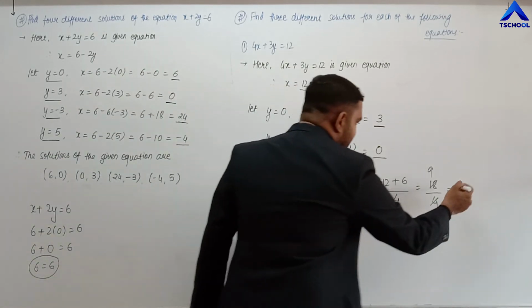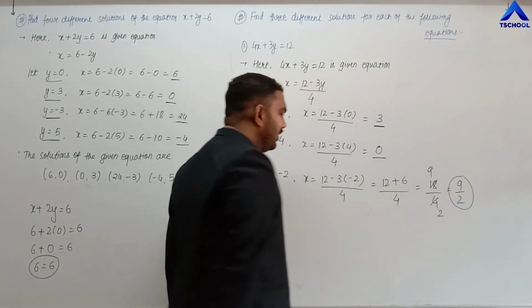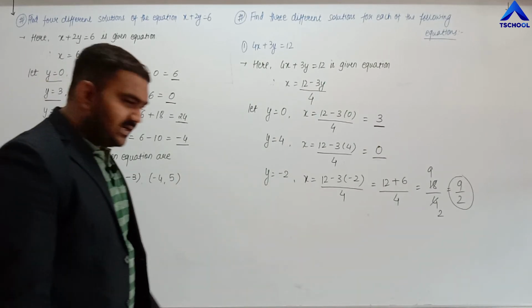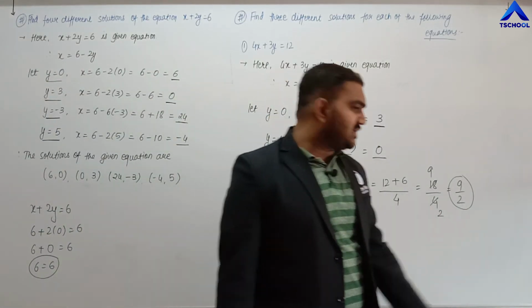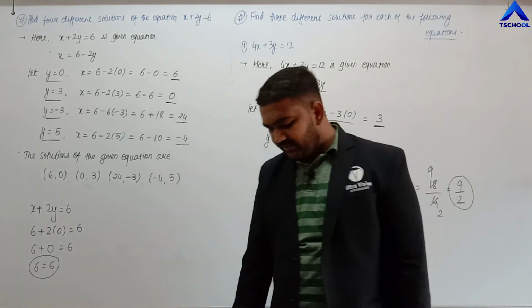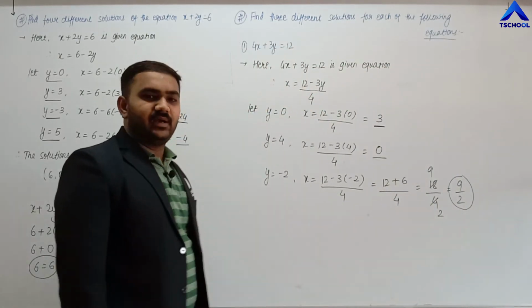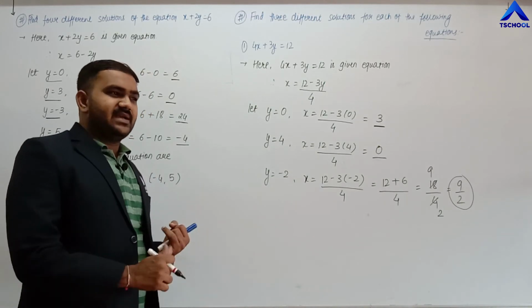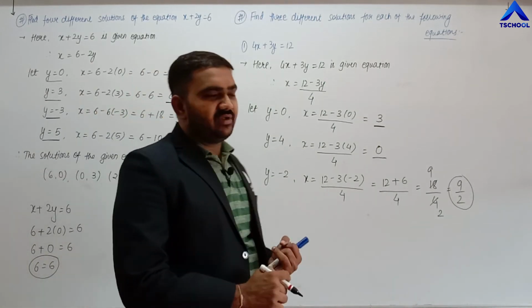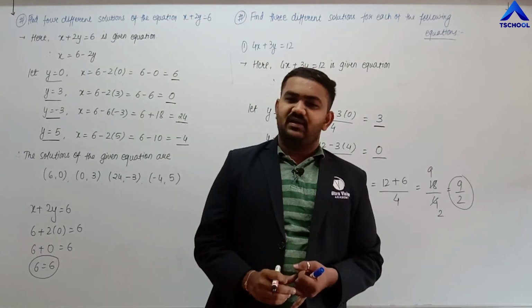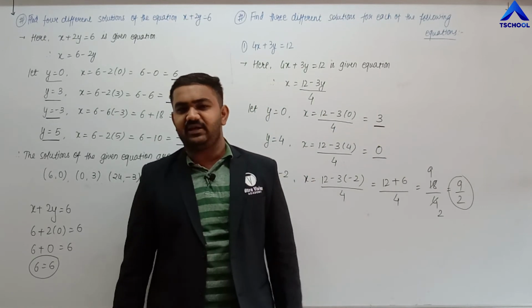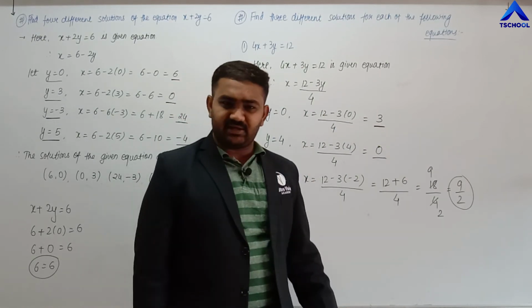Now friends, here we got the value of x as 9 upon 2. Is this valid? Obviously it is valid, because the value of the variable can be any of the real numbers, whether it is a decimal number, an integer, a rational number, or an irrational number, anything. Is it good?